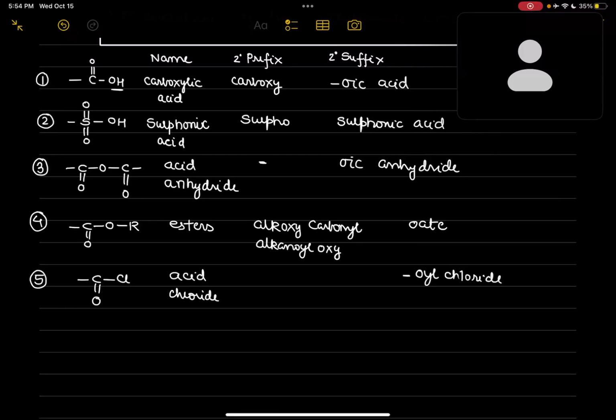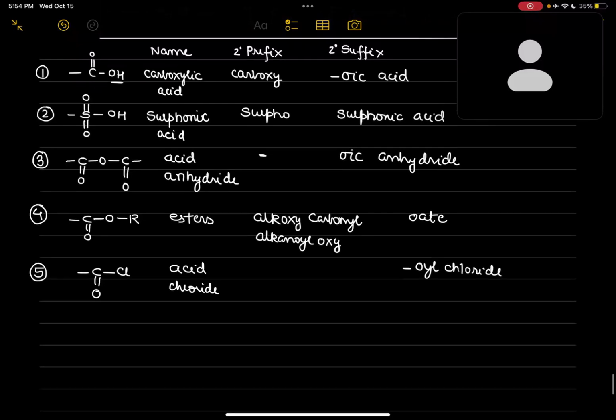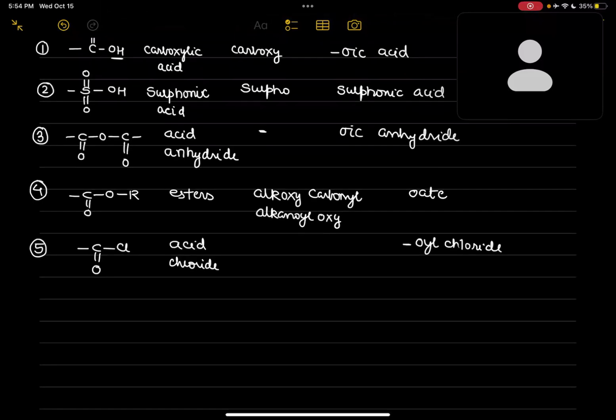No need to worry about the multiple functional groups, because in class 12th we have the carboxylic acids, aldehyde, ketone. There also we are going to discuss the nomenclature in each chapter individually. So don't worry too much about the nomenclature, but you need to know the basic idea. And the basic idea is very simple.